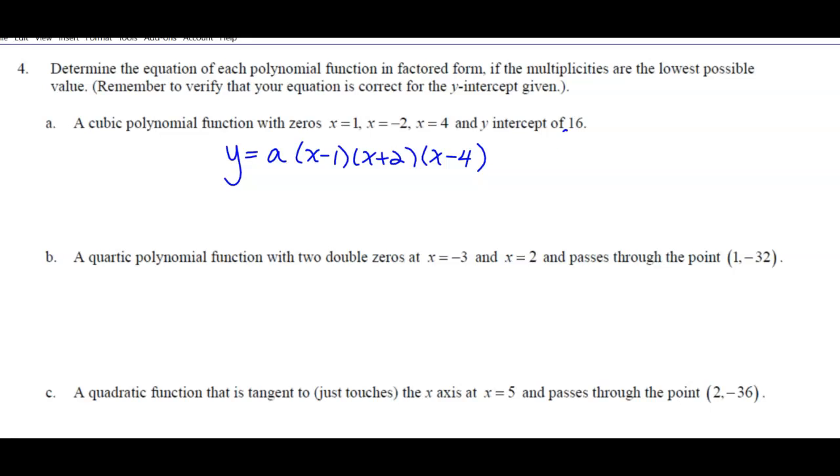Y-intercept of 16 has coordinate (0, 16). So that's what you substitute in.